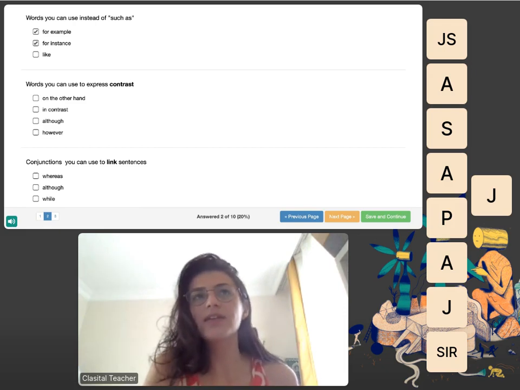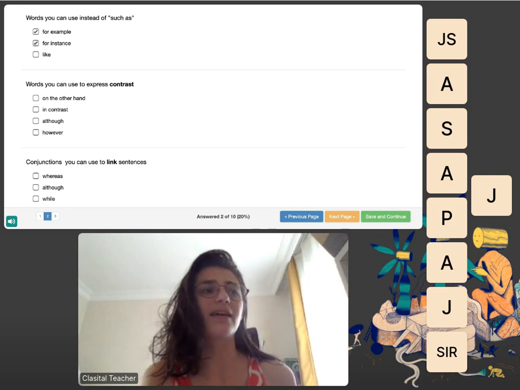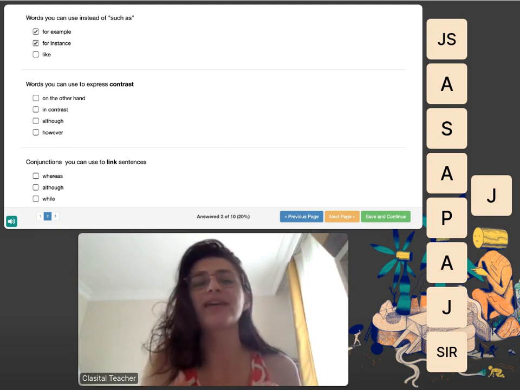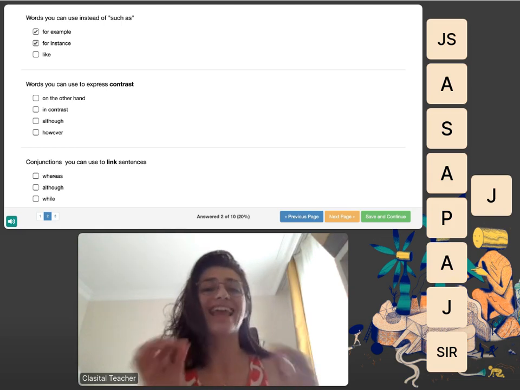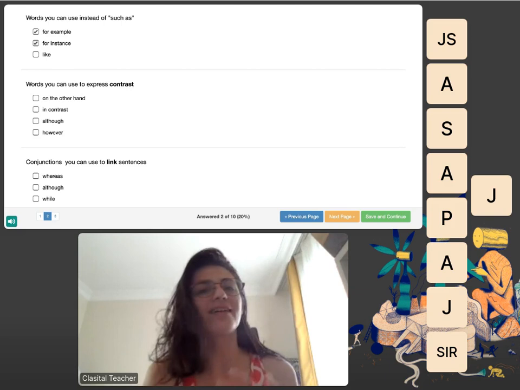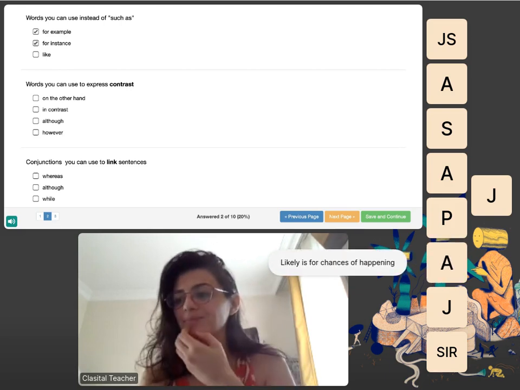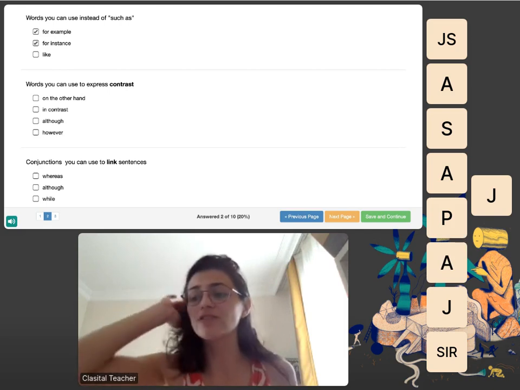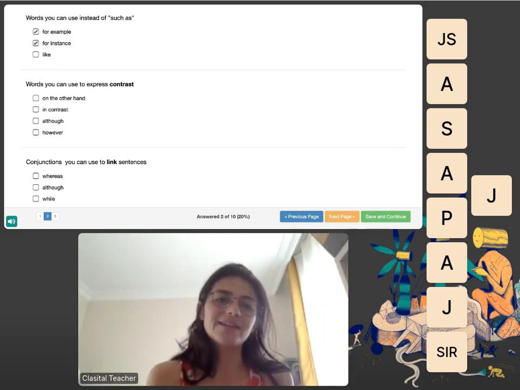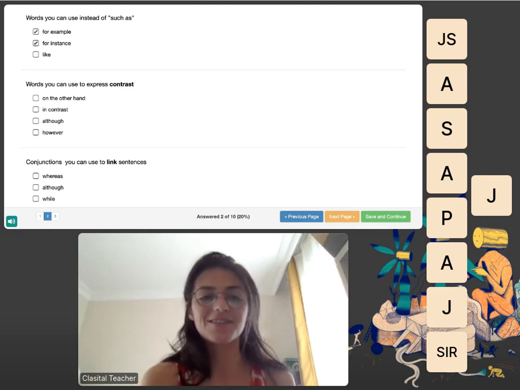Instead, you can write likewise, but that means we're giving an example that is similar to that. Likely and likewise don't mean the exact same thing. They can give similar meanings, but they're not the exact same thing. Yes, likely is for chances of happening, definitely. So I wouldn't try to use that in the same meaning as such as.